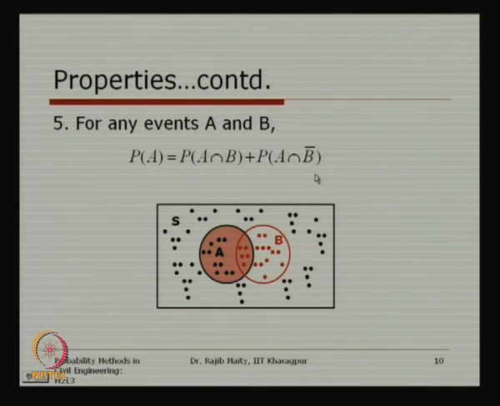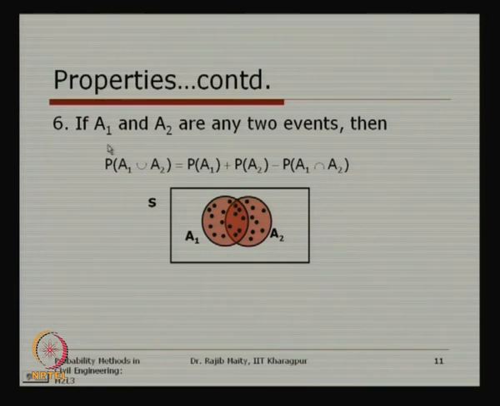The next property tells us that if A1 and A2 are any two events, then the probability of A1 union A2 is equal to probability of A1 plus probability of A2 minus probability of A1 intersection A2.